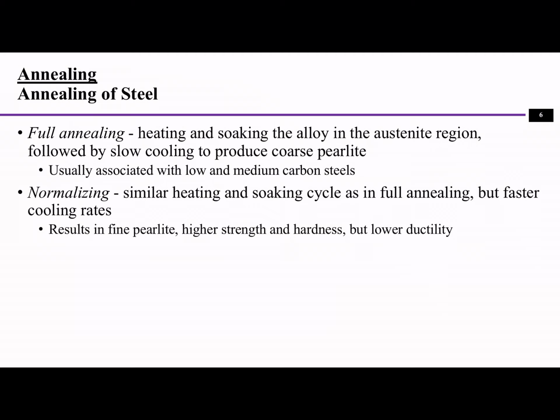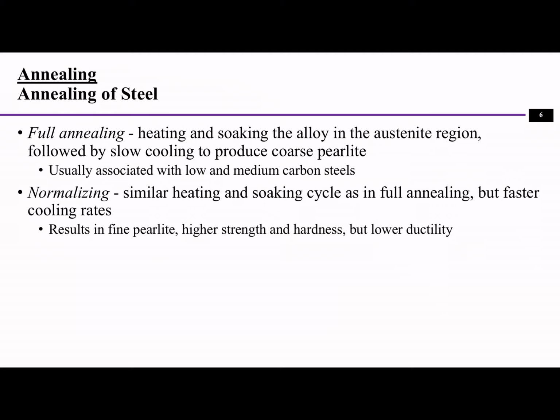During annealing, it can be performed at two different cooling speeds: slow cooling and faster cooling. Slow cooling is called full annealing, while faster cooling is called normalizing.